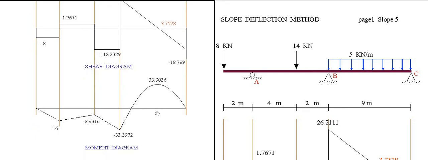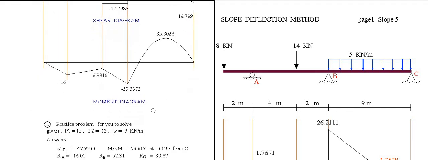Okay, so that ends the discussion on the tutorial for this deflection method, series 5. Then I challenge you to solve this.